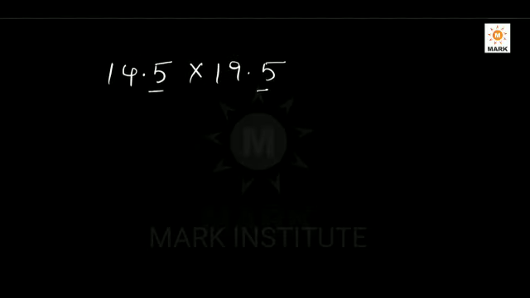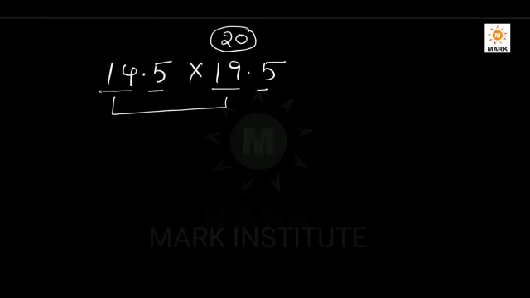I have compared 14 and 19. 20 is the next higher number to 19. And the difference between 14 and 19 is 5. 5 into 50 is equal to 250.